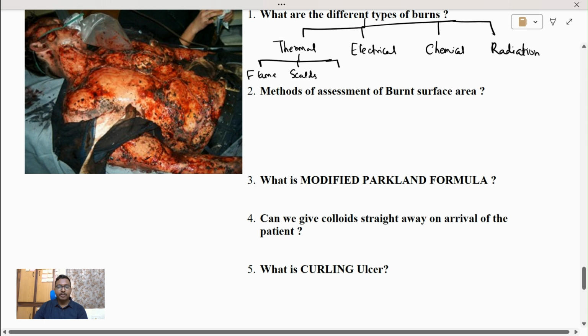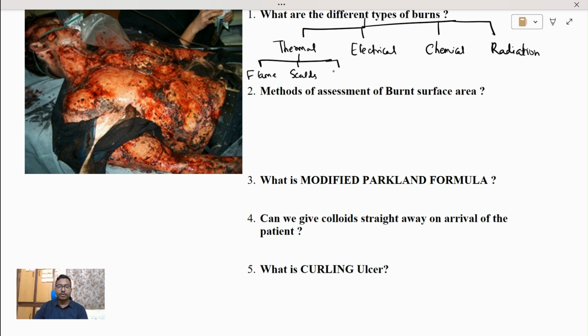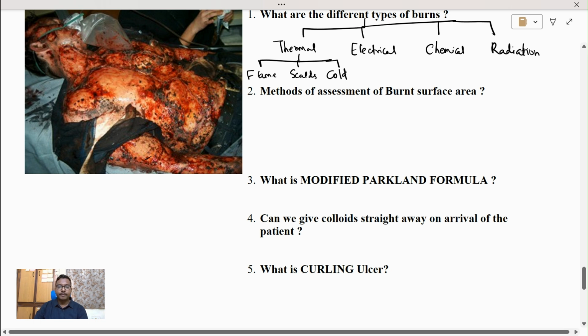Another is that sometimes even extreme cold temperature can cause burns, that is cold burns. Right? Next. Based on the voltage, electrical burns are again divided into low voltage and high voltage. Then chemical burns, again you have acid and alkali.